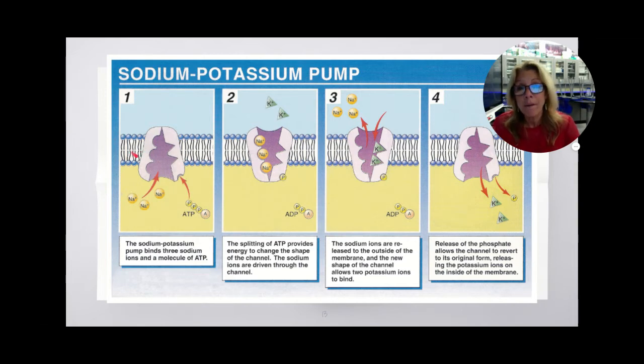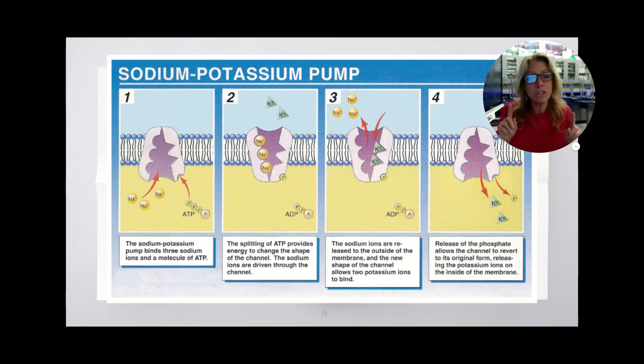And basically what happens is you have 3 sodium ions, and thanks to the ATP, you will expel 3 sodium ions to the outside of your neuron. And then once they have released the sodium, then 2 potassiums will bind and they will get released to the inside of the neuron. So it's 3 sodiums out, 2 potassiums in.